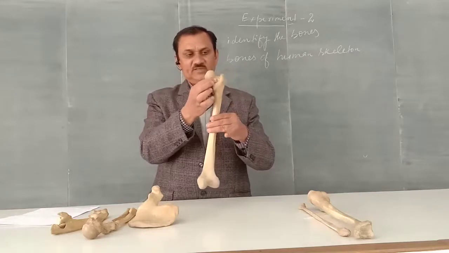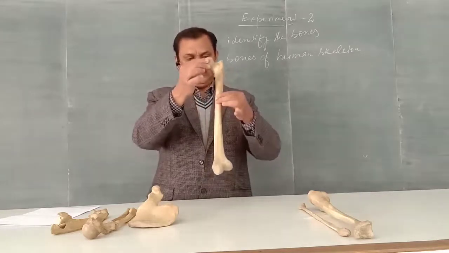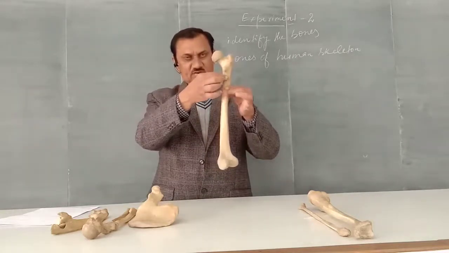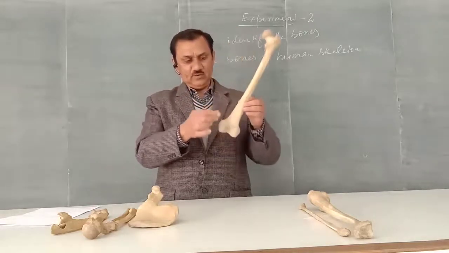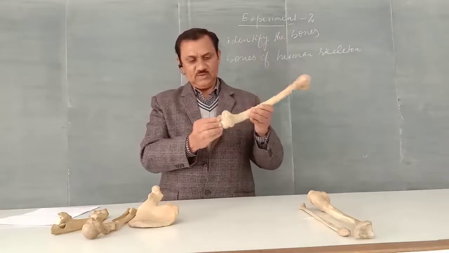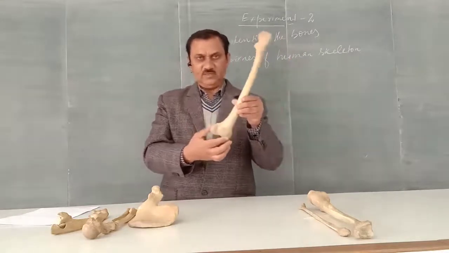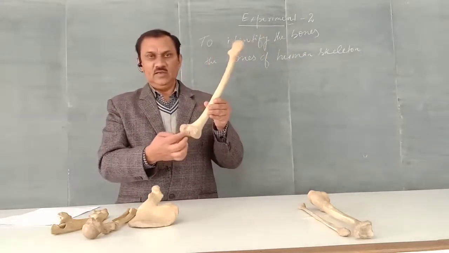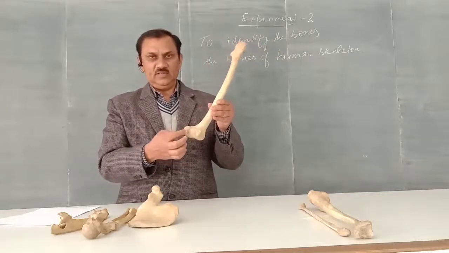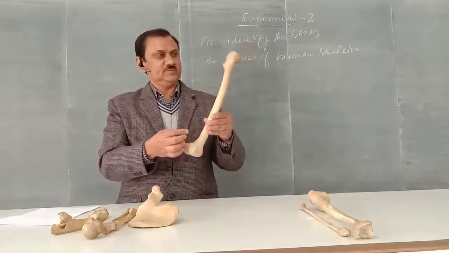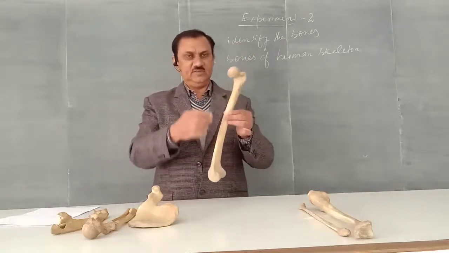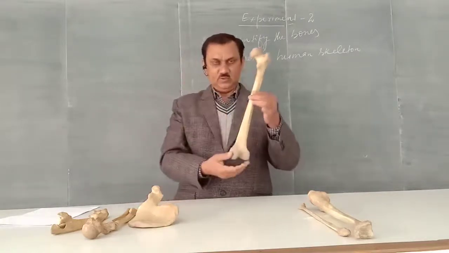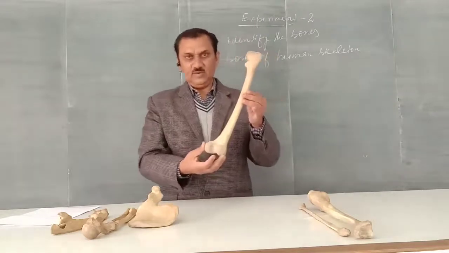Besides this head, it has a long shaft. At the distal and lower end, it has two condyles which make the knee joint along with the tibia and the patella bones. So this bone is the longest, possesses the long shaft, prominent head and two condyles at the lower end.